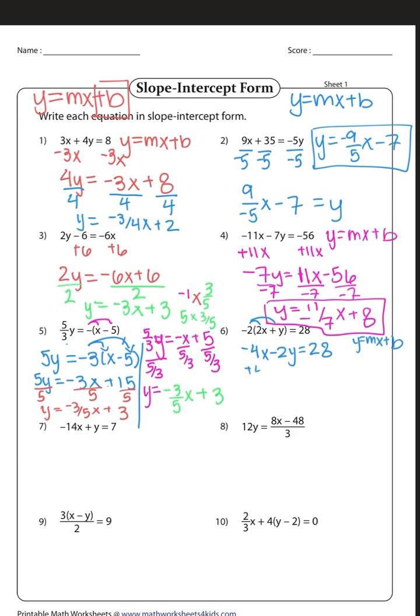So we're going to add 4x, which has the x term. And we get negative 2y is equal to 4x plus 28. The last step is we'll divide by negative 2.